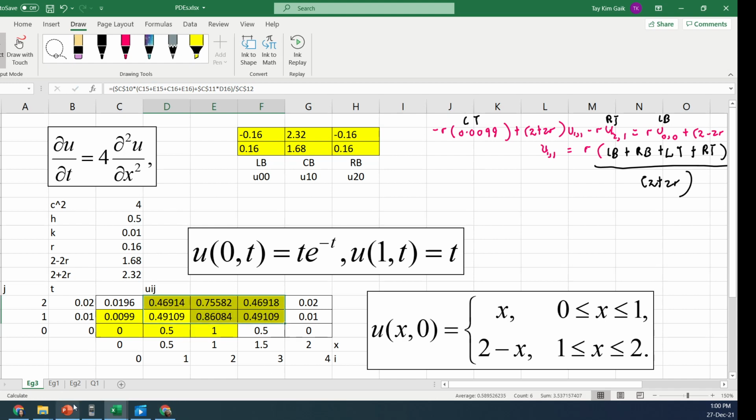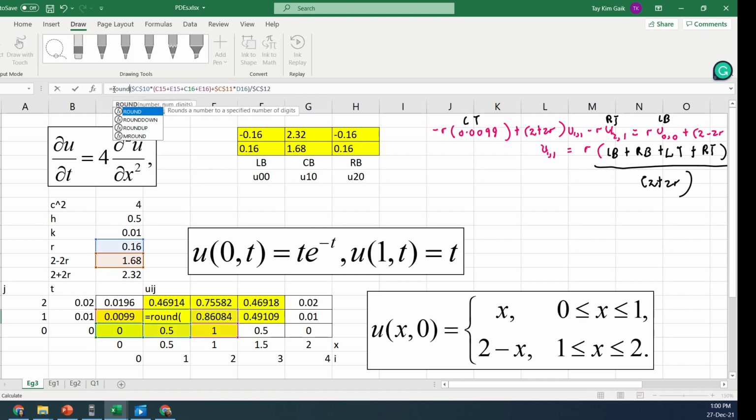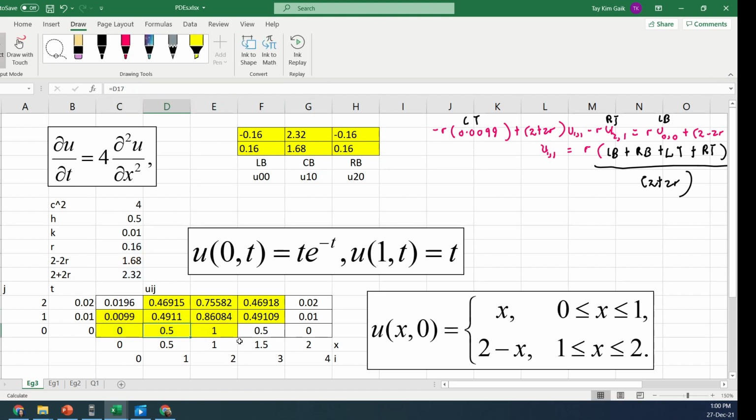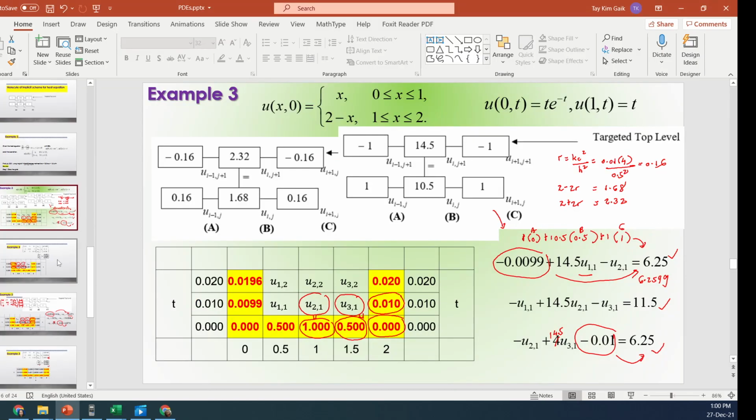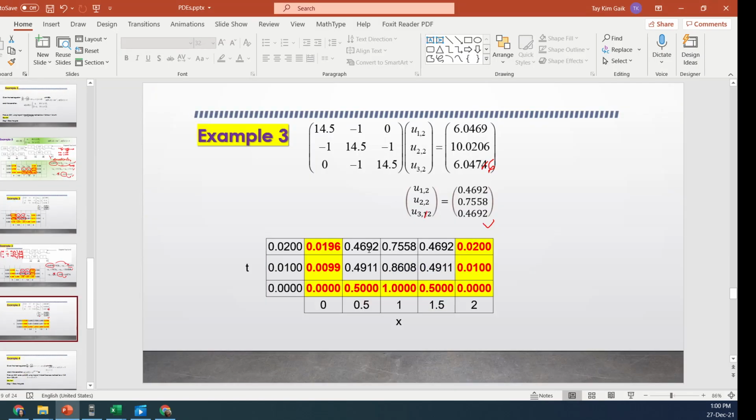So we obtain this one without rounding anything. If we want to round, okay, you can see quickly we obtain, like what we did in the manual solution, 0.4692.